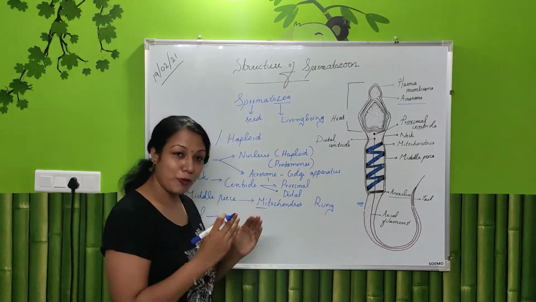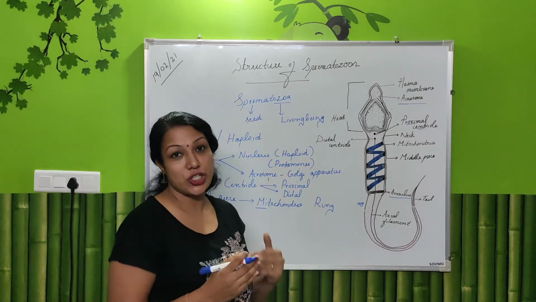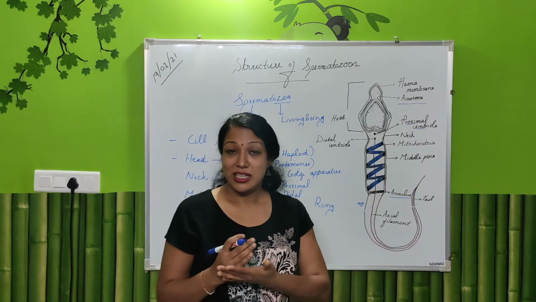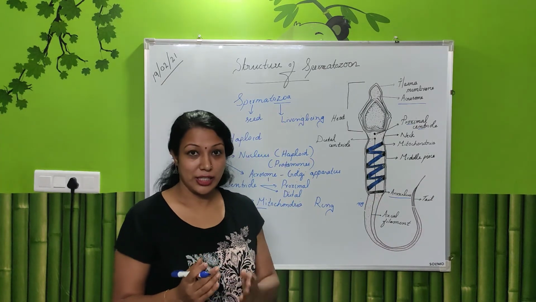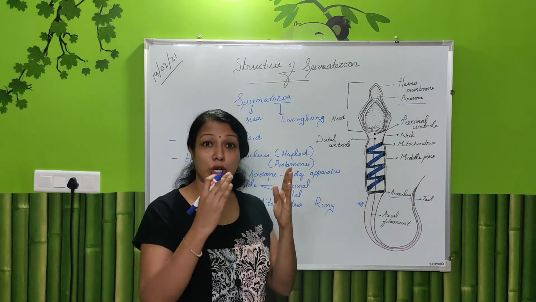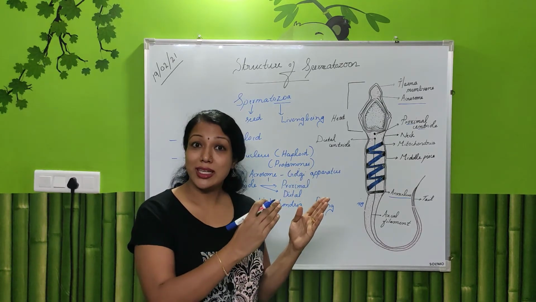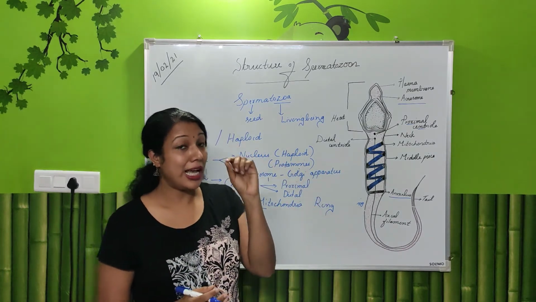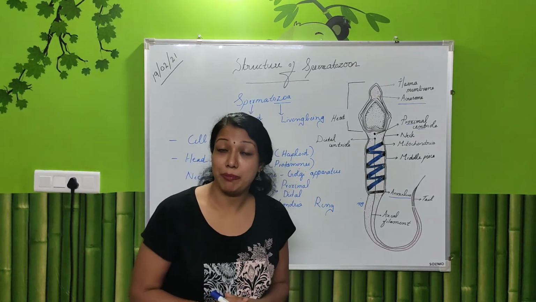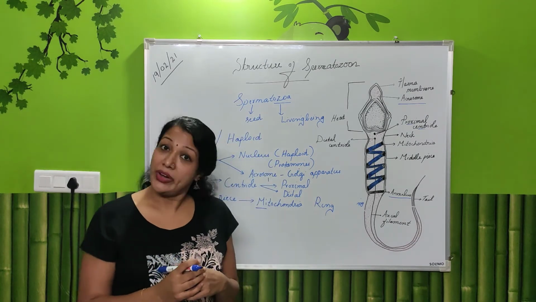Okay. Now once the sperm is released into the female reproductive tract, what will happen? The sperm has to move towards the uterus. From there it has to reach the fallopian tube, because in the ampullary isthmic junction only, fertilization will happen, right?